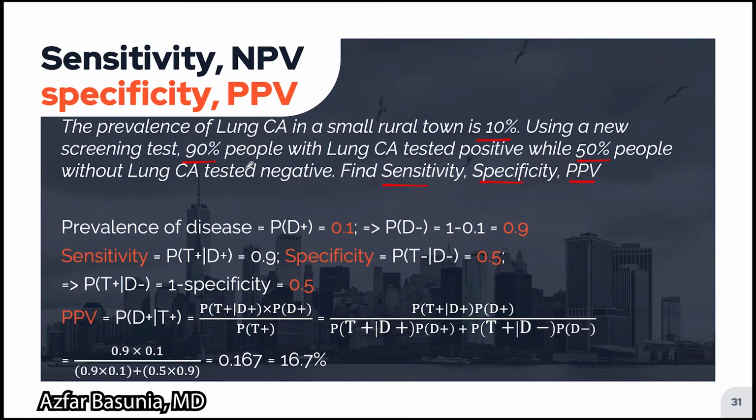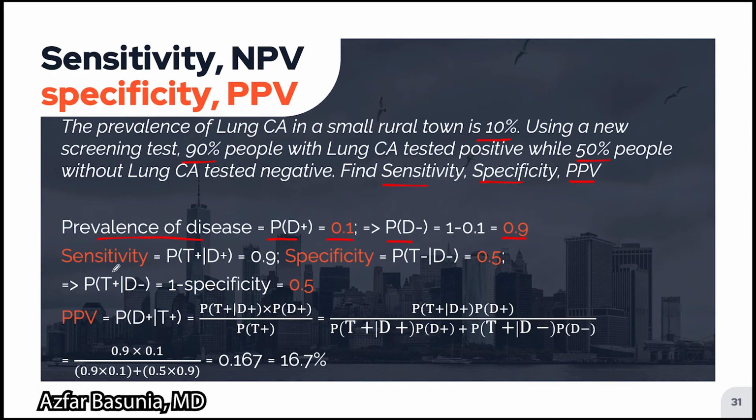Recall that the sensitivity and specificity are already given in the question prompt. The prevalence of the disease, which is equal to the probability of D positive, is equal to 0.1 or 10% from the question prompt. This means that the probability of being disease negative is equal to 1 minus the probability of being disease positive. So 1 minus 0.1, and that is equal to 0.9.